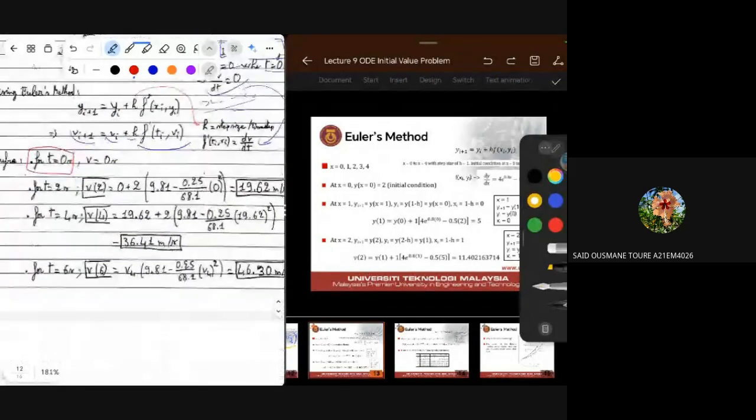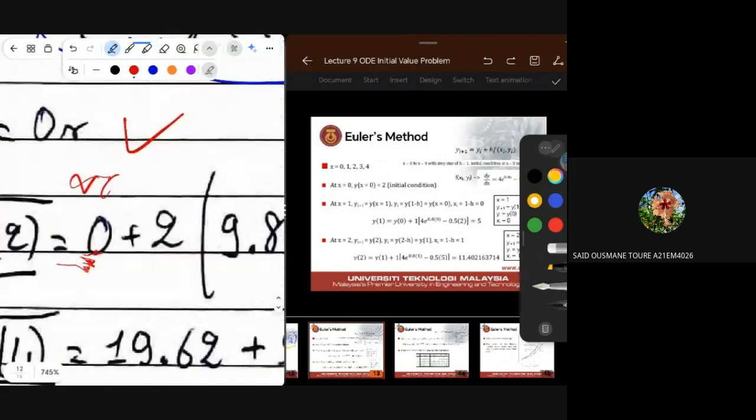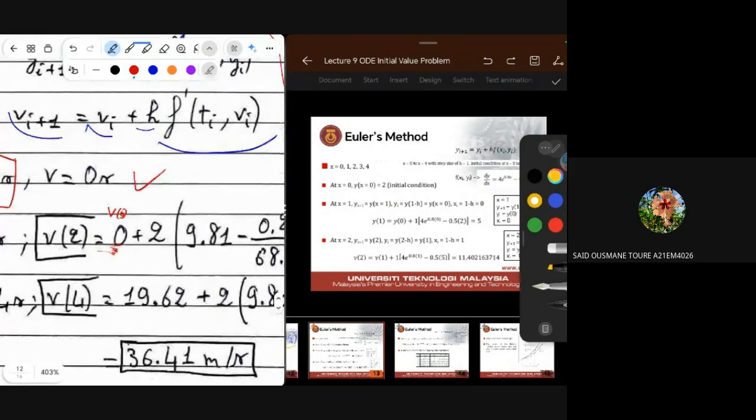So, for t equals 0, v equals 0. That's given, right? Done. For t equals 2, v2 equals to what? v2, which is i plus 1, equals v0 plus 2.